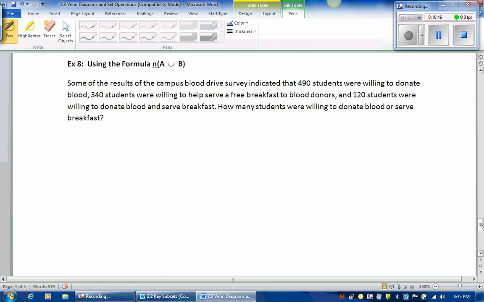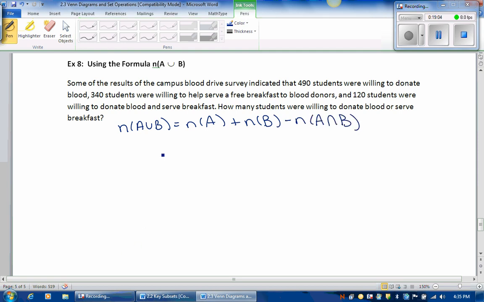So we're going to use this formula. Again, remember, cardinality means the number of elements within the set. Some of the results in a campus blood survey indicated that 490 students were willing to donate blood, 340 were willing to help serve a free breakfast to the blood donors, and 120 were willing to do both.